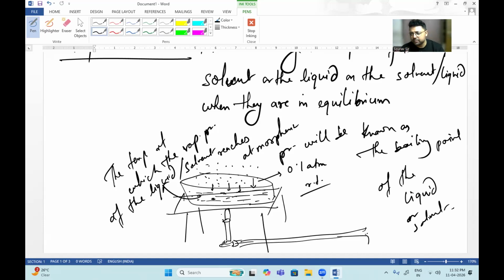This is what vapor pressure and boiling point have in relation.